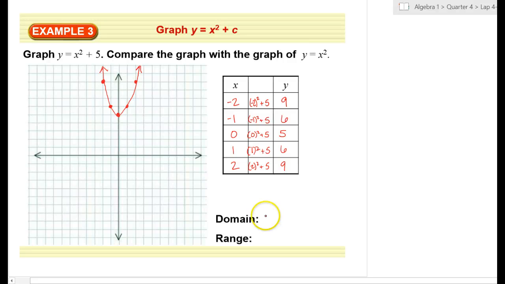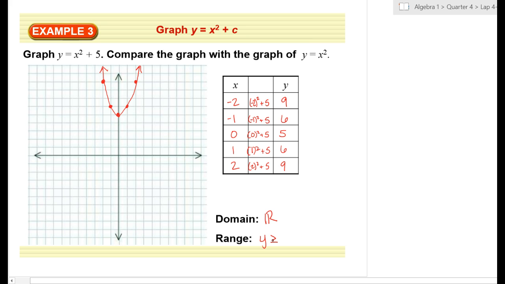Domain, still all real numbers. It still touches every x point in both directions. Now my range. If I look, it's facing up. So when it's facing up, it will always be y greater than or equal to.